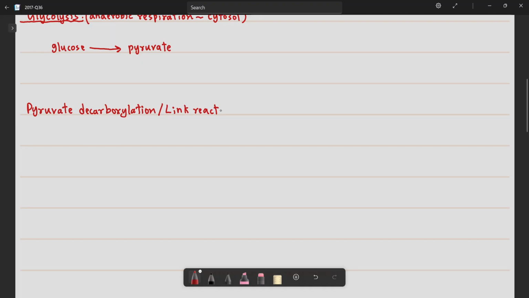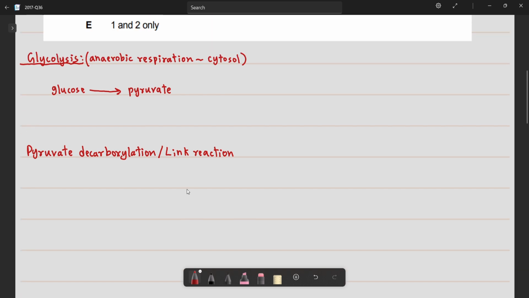So this reaction is also a very important step. It's also known as the intermediate step in cellular respiration. So this reaction occurs aerobically, but there's a slight confusion as to whether it's aerobic or anaerobic. But I will explain that further in detail as we go next.